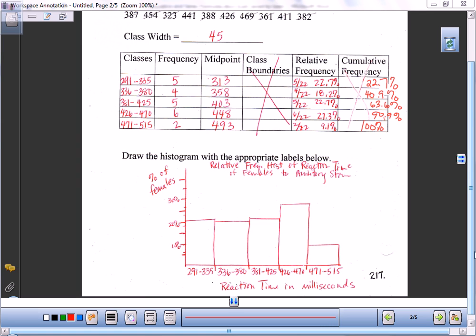Yeah. Fabulous. Any questions about your histogram? I've got a question. Okay.